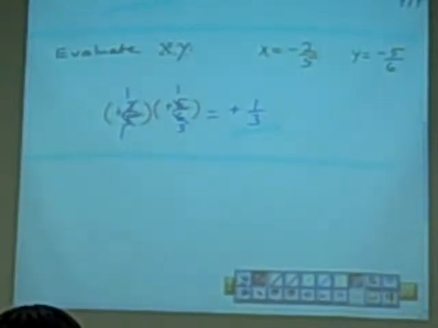All right, now let's say we want to evaluate x, y, z. Okay, so here we have x equals 5 over 6, y equals negative 3, z equals 1 and 7/15.